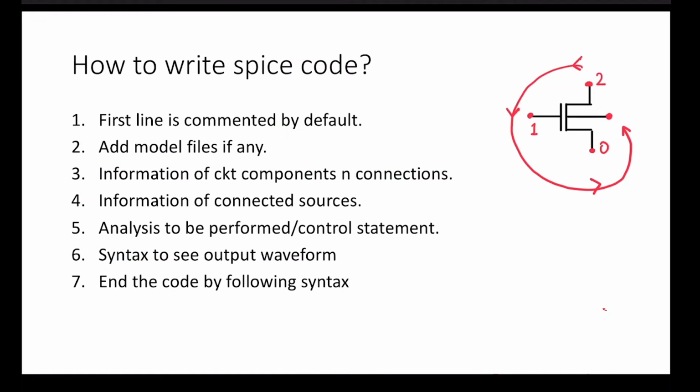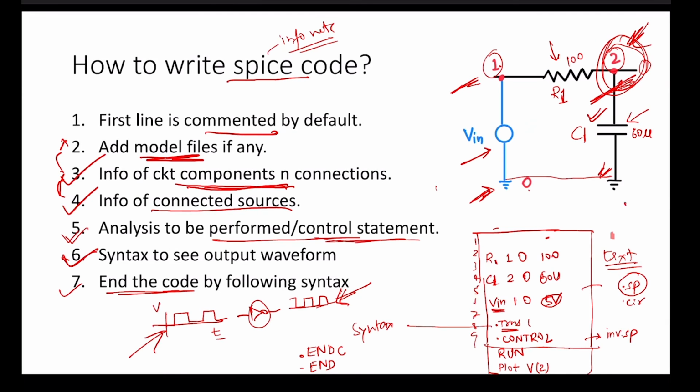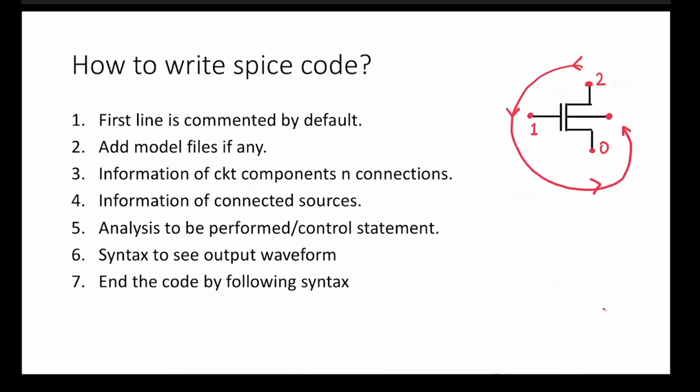Okay, so another example. What is the difference from the previous one? Here we have a device. Suppose I want to use the MOS. Earlier I gave the example where I was using a resistor, so I wrote the code something like this. Now, if I want to write for this, earlier I was not using the model file.